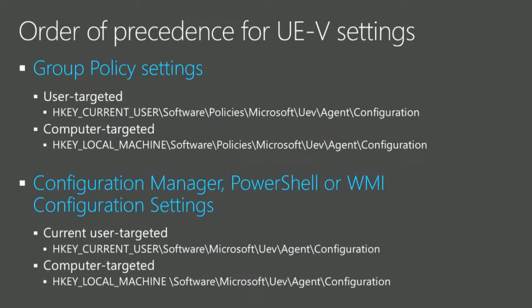The order of preference: user targeted, and then the computer group policy options. Those are the locations that I've indicated. You can also use your configuration manager or PowerShell or modify using WMI. So we'll have a look at some of the PowerShell options.